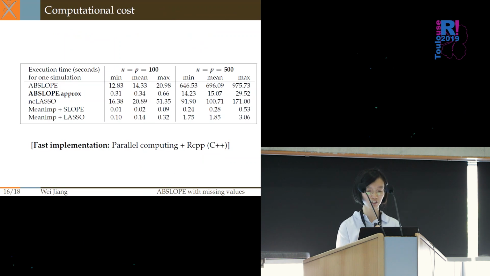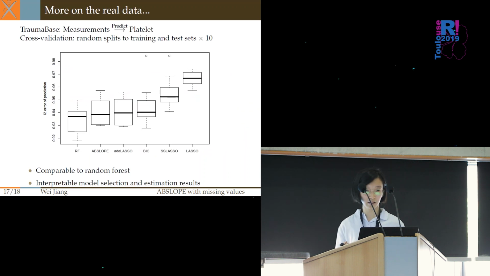Now in terms of computational costs, we see that our AB-SLOPE, which is coded in Rcpp, can largely accelerate the computational time. So this is a fast implementation. And on a real data set, we also apply our methodology to the trauma base, based on the measurements to predict the platelet level.